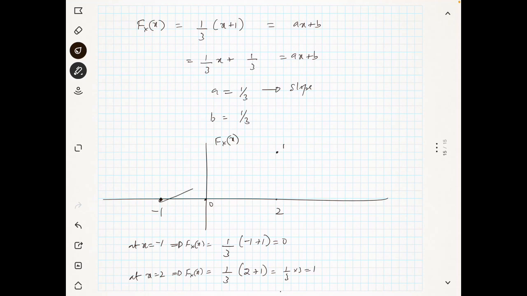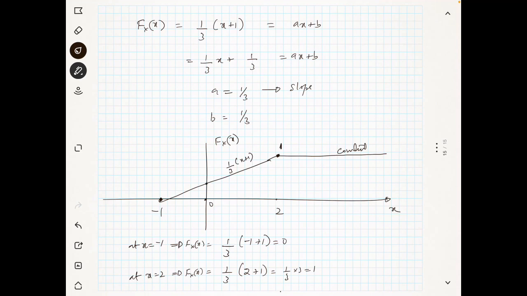So this is a straight line equation, as I told you. Sorry, there is some issue with my drawing, but that's okay. It has reached 1, and after that it will be a constant. This is the curve 1/3 into x plus 1, and this is the x axis.